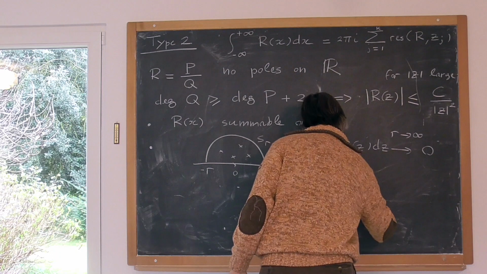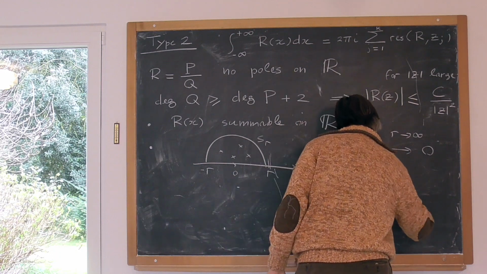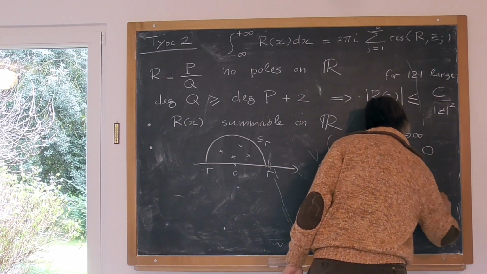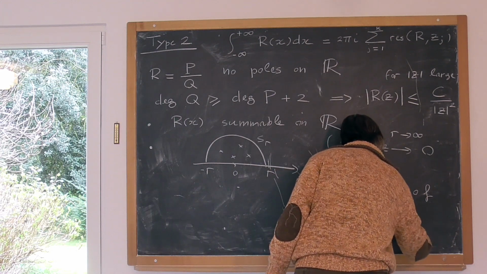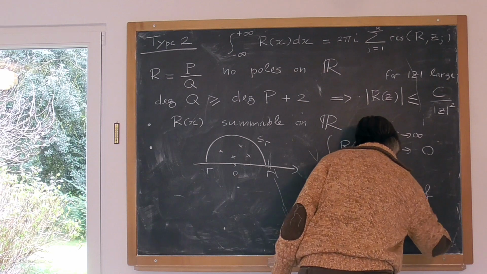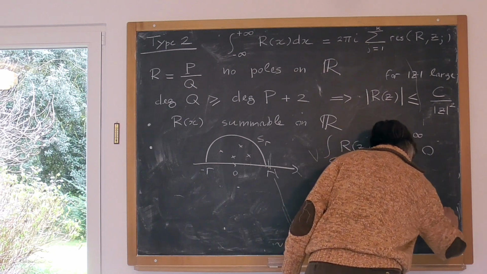So the z_j are poles of R in the upper half plane, so z in C with imaginary part of z positive.